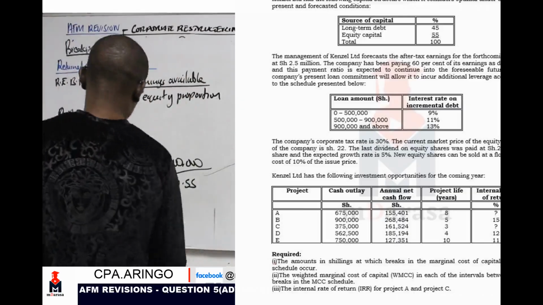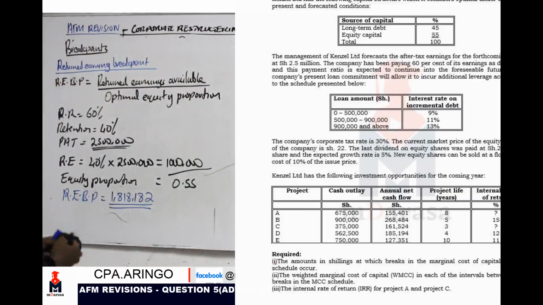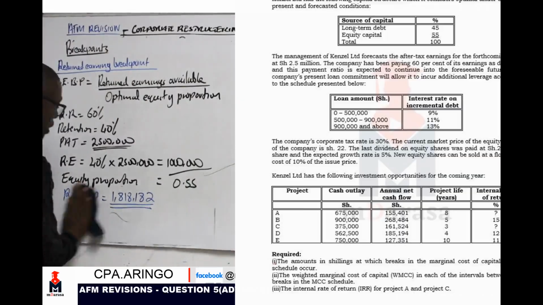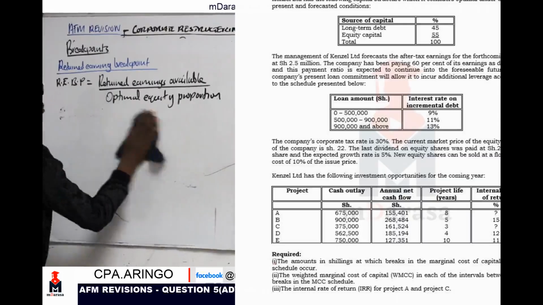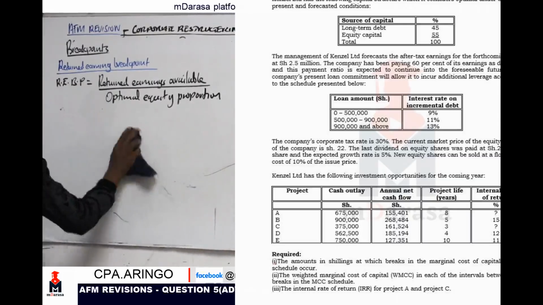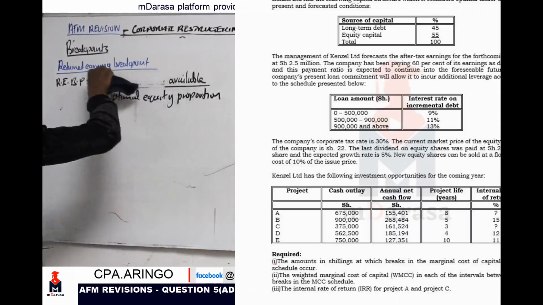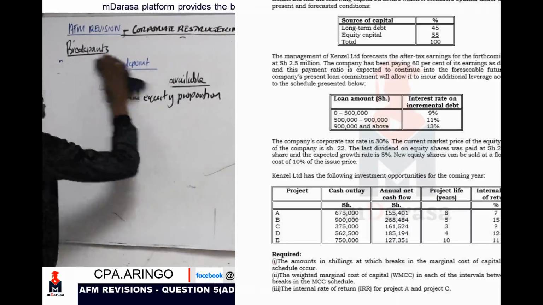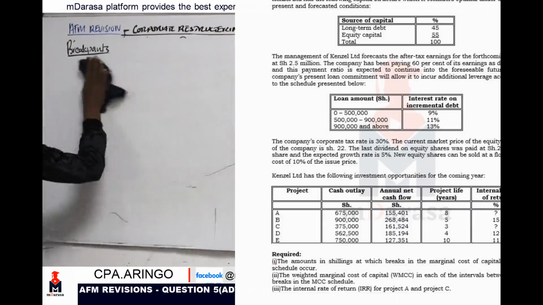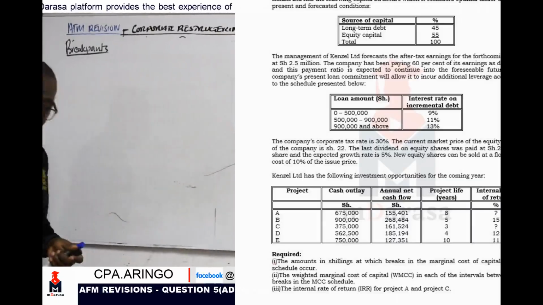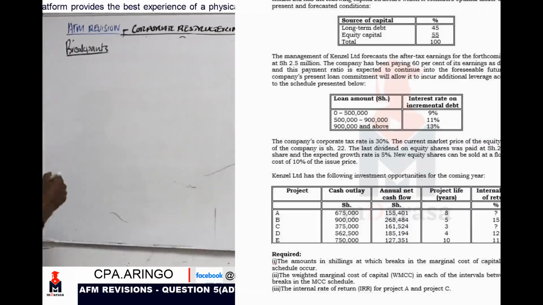So already we have determined our breakpoint in terms of retained earnings. Now the breakpoints in terms of debt.